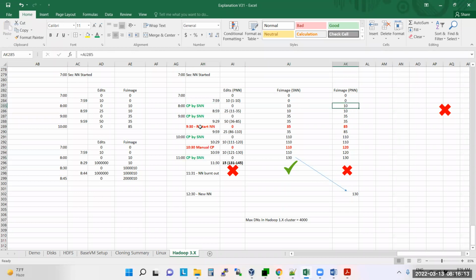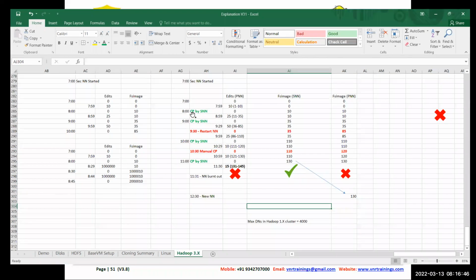But for a checkpoint performed by name node restart or performed manually, in these two scenarios the checkpoint will happen inside the primary name node only. The primary name node will never push the new FS image to the secondary name node. Understood? Yes, sir. This is the concept, and these are the drawbacks or limitations of Hadoop with a single name node. Clear? Now, what is the solution here?